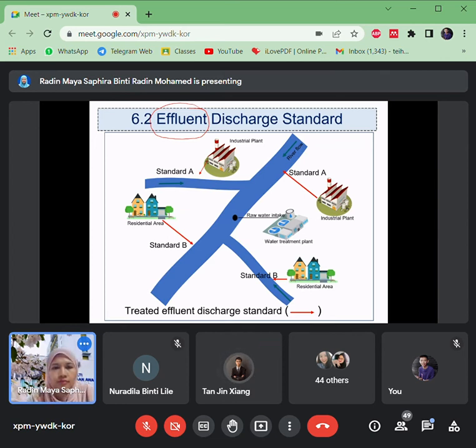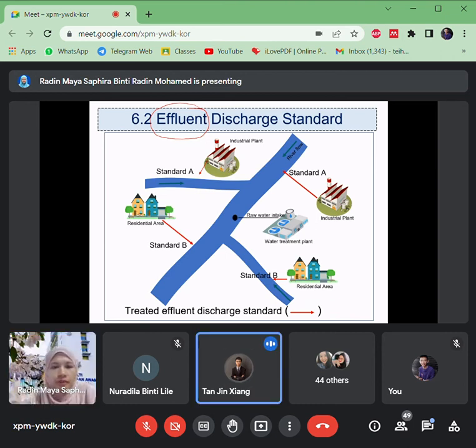Sewage, the sewage. Sewage? Sewage apa? Discharge into the river. Sewage apa yang discharge into the river? The wastewater. The output lah, output, right? Output of your wastewater lah in this case.